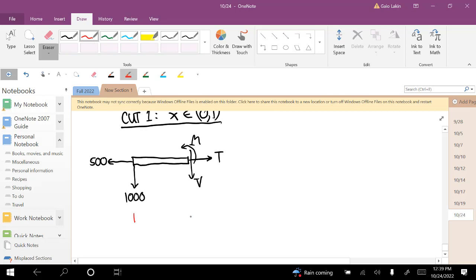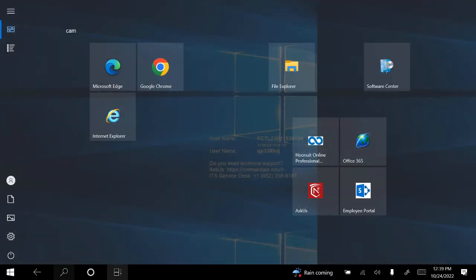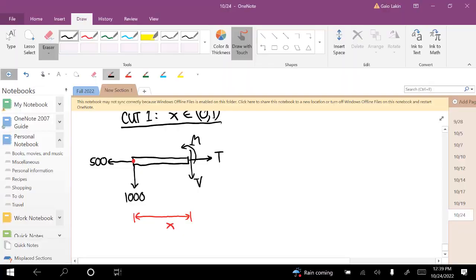And this distance is x. And this is the about point.